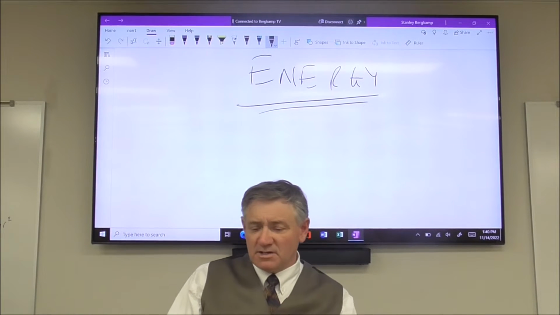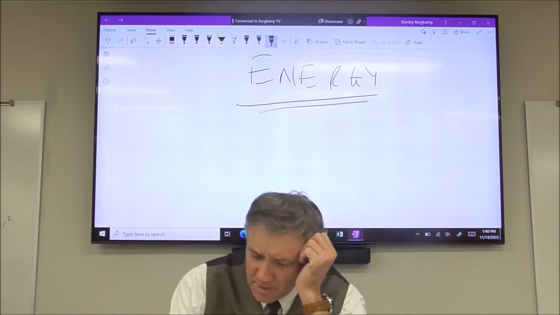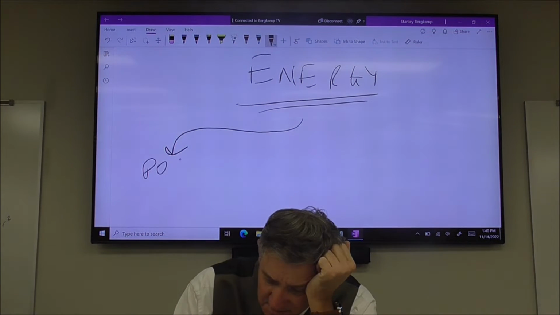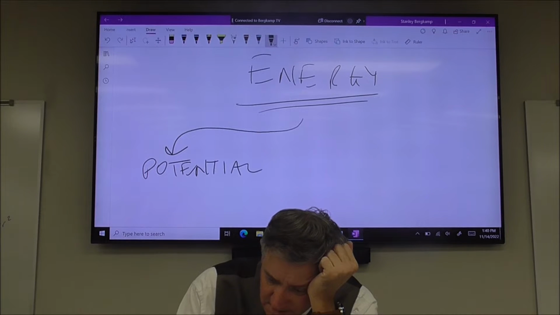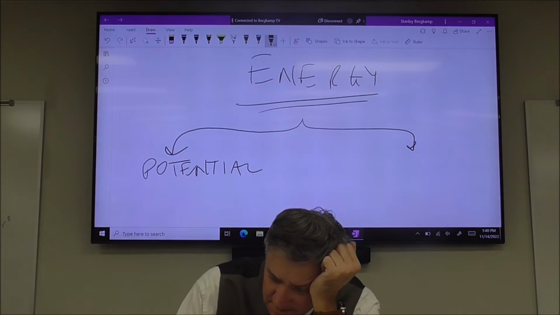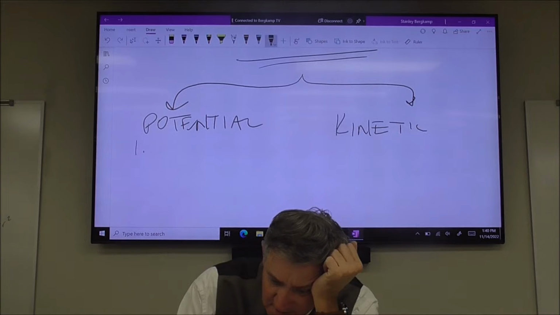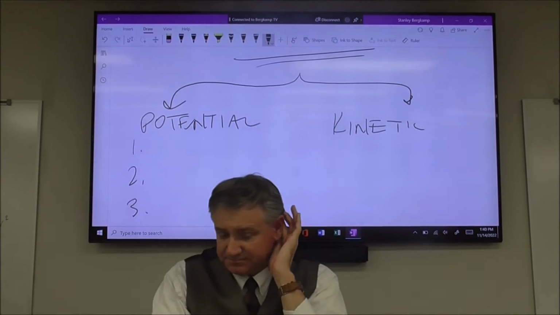So if you look at energy, there are 2 broad classifications of energy: potential and kinetic. With potential, we're eventually going to study 3 types of potential energy.